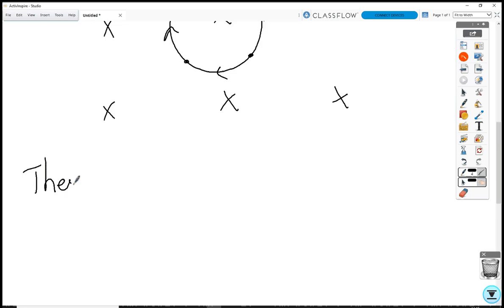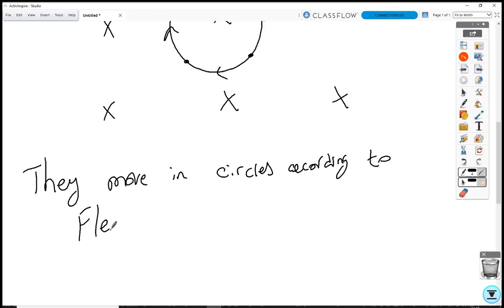So they move in circles, according to Fleming's left-hand rule, which is the motor effect.